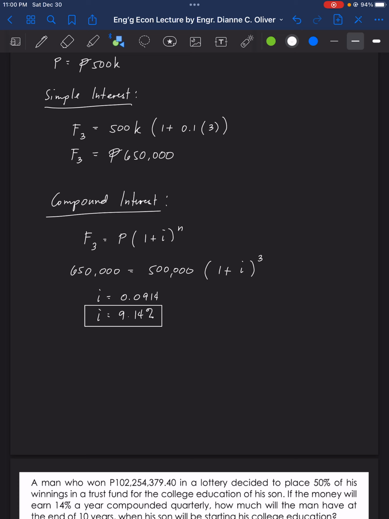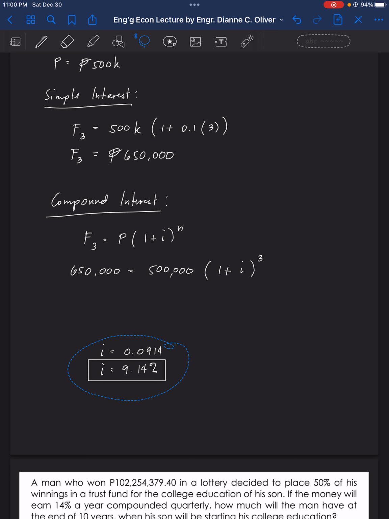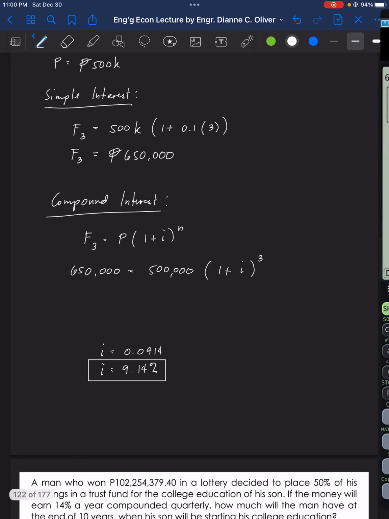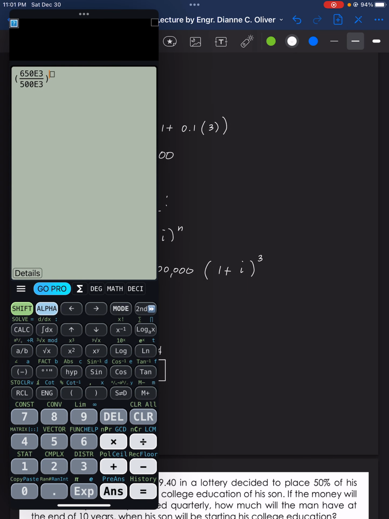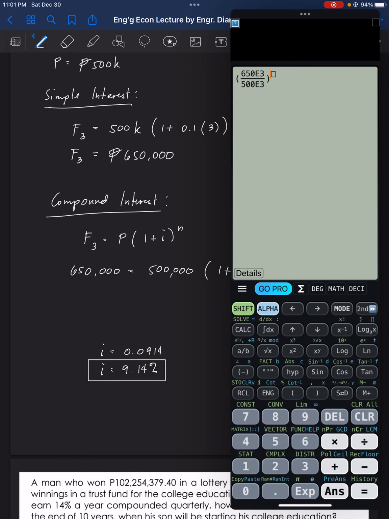So what if we're not using the shift solve function? For the long method, we have 650k divided by 500,000, and the power raised to 3 becomes 1/3.